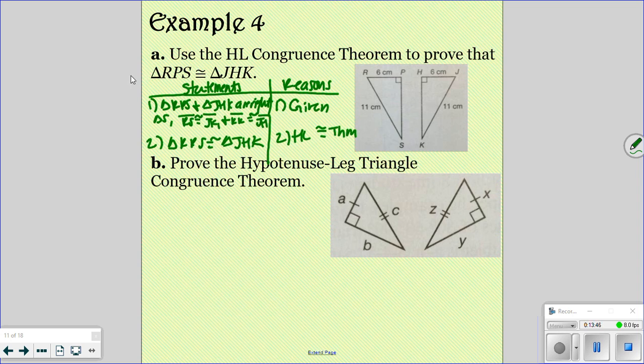So we'll do a two-column proof. So the first thing that we want to say is that our triangles are right triangles.